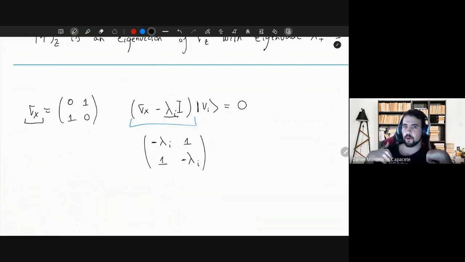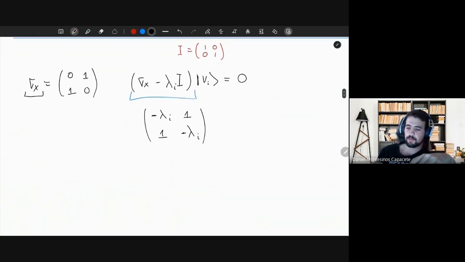I mean, our purpose is to find out the eigenvalue. So we have the eigenvalue here multiplied by the identity matrix, which is just this one. So that's why we get this.